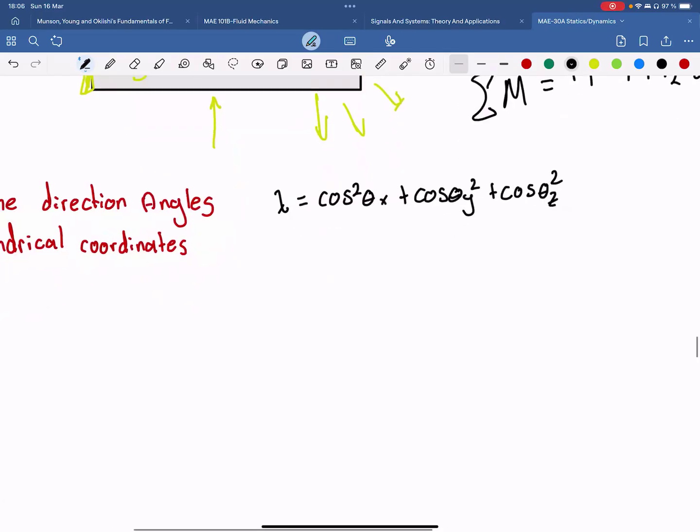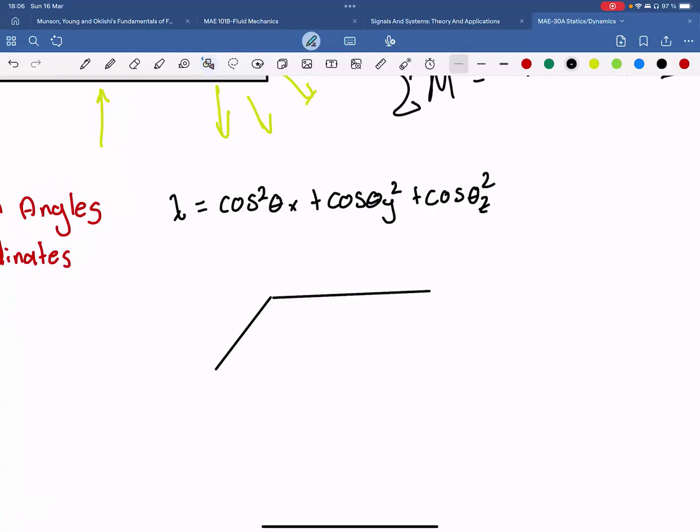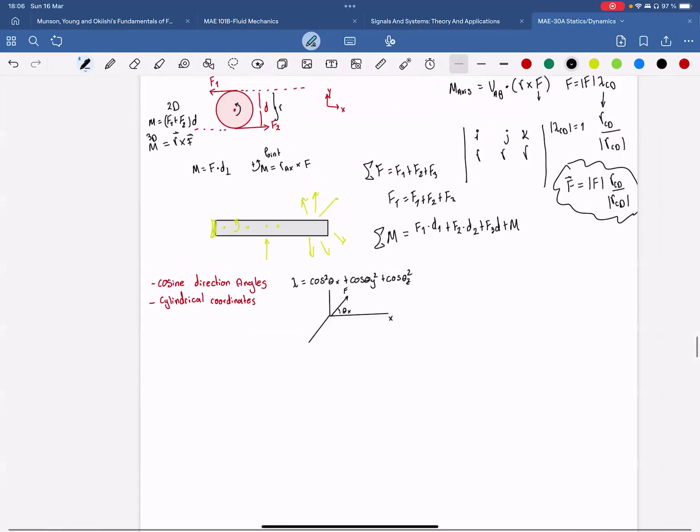That is really useful, and just a reminder for myself is that theta x, theta y, and theta z are the angles that a force or a vector makes with each axis, right? So if this is x and this is the force F, this will be the angle theta x, right?